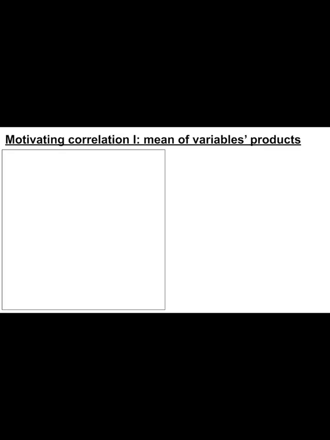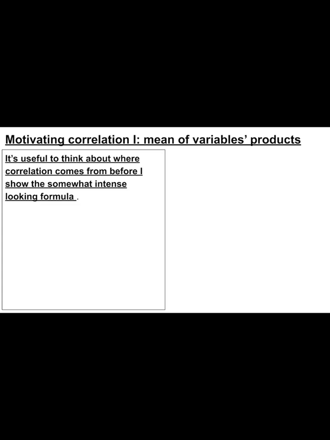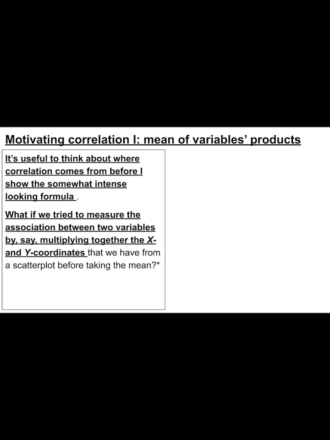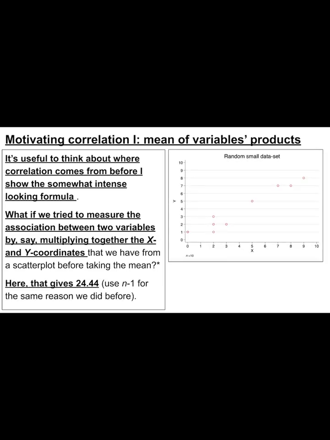So let's try to motivate the definition for the correlation coefficient now that we have some sense of what it means. Let's think about maybe the simplest sort of measure. What if we had a scatter plot and we decided to find the measure of association by taking all the X coordinates and all the Y coordinates, multiplying together the coordinate pairs, summing them up, and then taking something like a mean?